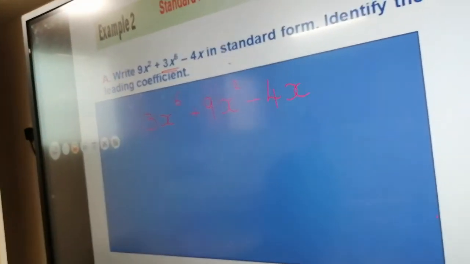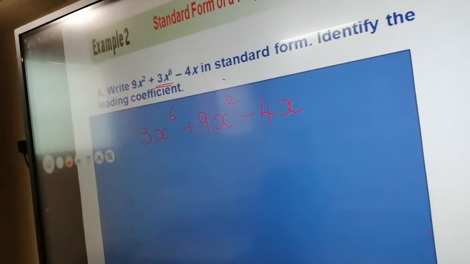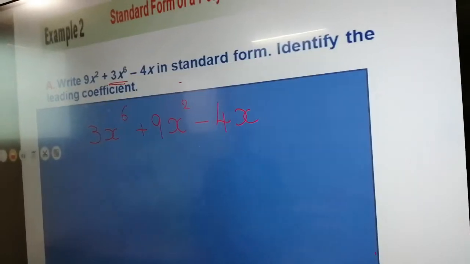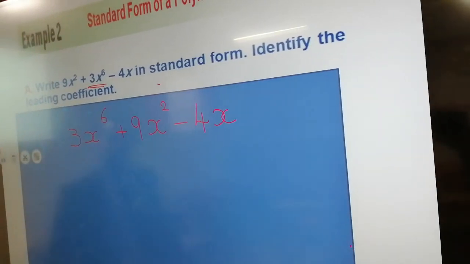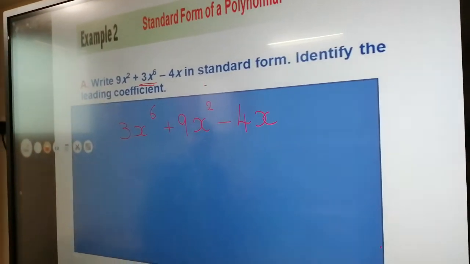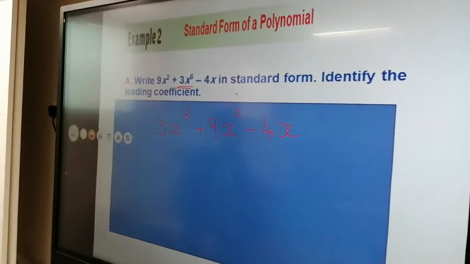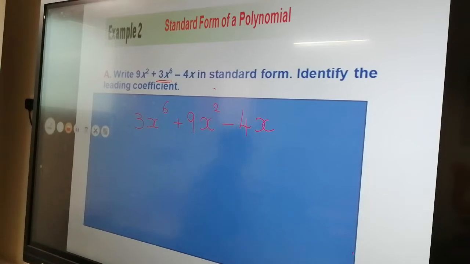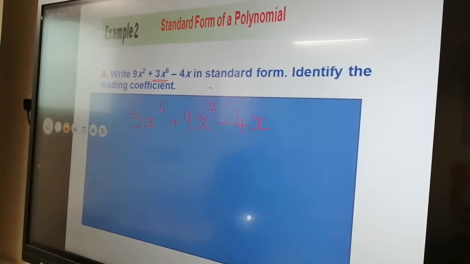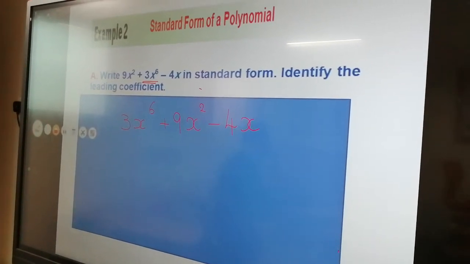Can you complete, Muhammad Sultan? I need the leading coefficient. The leading coefficient is what? 9? No, the leading coefficient is not 9. Who can tell me the definition of the leading coefficient?